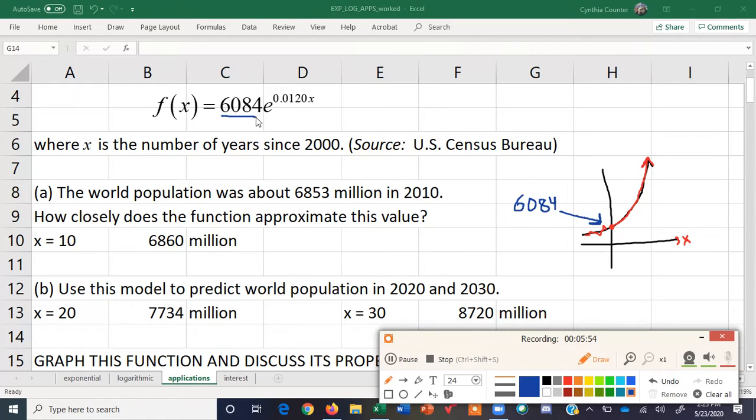So this 6084 is the y-intercept, or the starting point at x equals 0, and it's increasing at an ever greater rate as the time goes on. That's the definition of exponential growth.